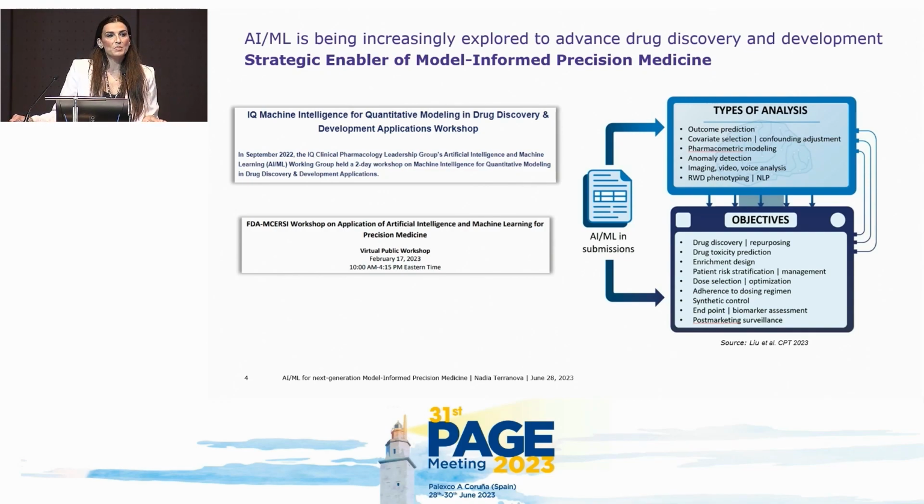And recently, there's also been an FDA paper highlighting an increasing trend in regulatory submissions, including AI machine learning analysis, to tackle a number of different problems belonging to the drug discovery and development space.